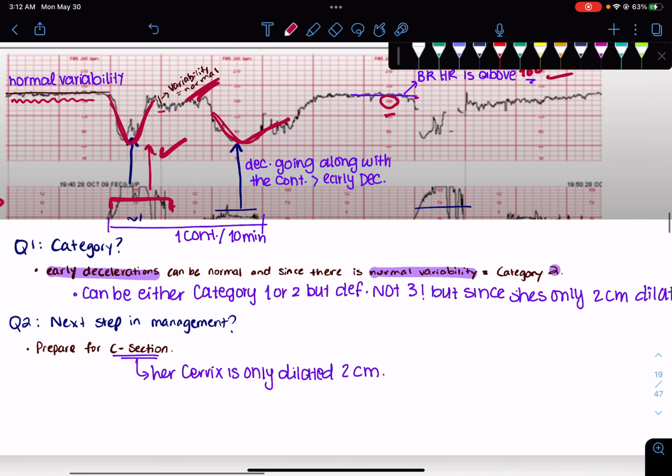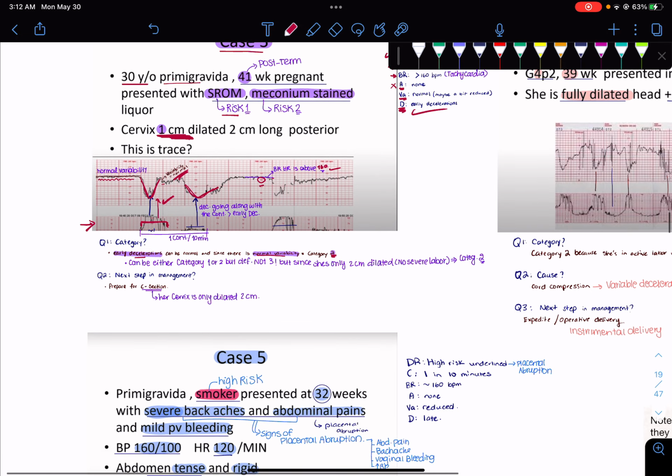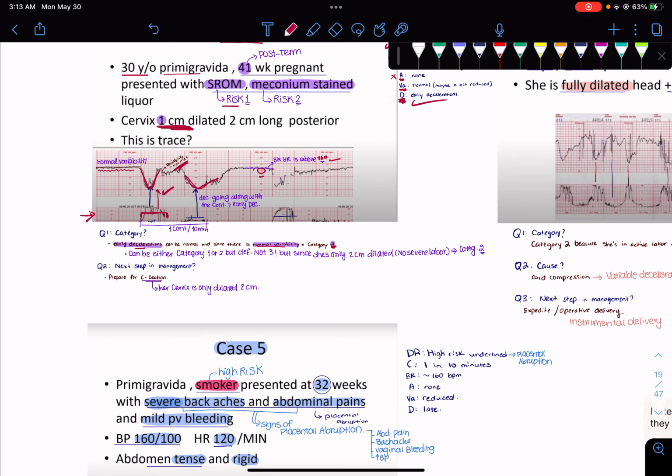So let's see which category she's in. She has early decelerations with normal variability. So she is in category 2. Basically she can be in either 1 or 2, but definitely not 3. Okay? But since she's only 2 centimeters dilated and there's no severe labor, we would say she's in category 2.